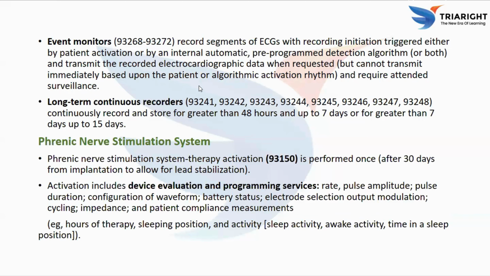Data transmission: ECG data is stored here and transmitted later when it is requested. It is not transmitted immediately at the time of the event. This is the key difference from mobile cardiac telemetry. And then surveillance requirement: it requires attended surveillance. A monitoring center reviews events after transmission.